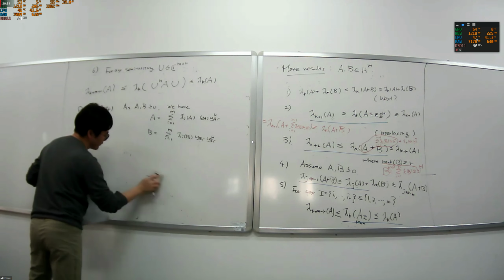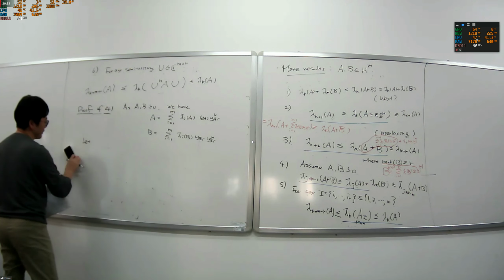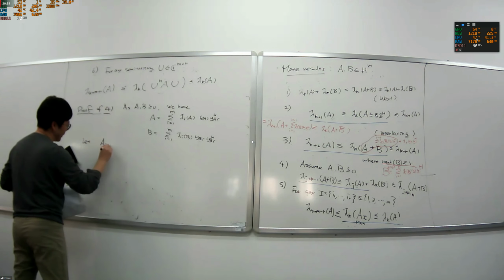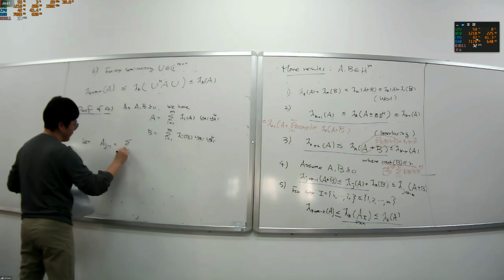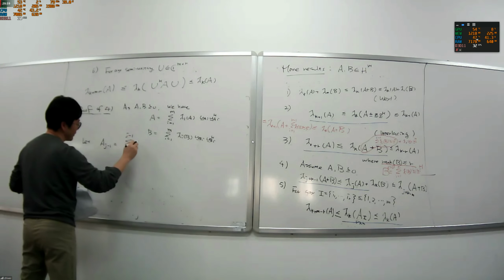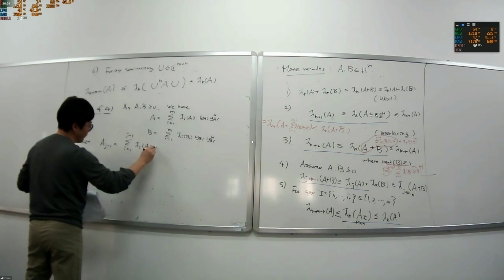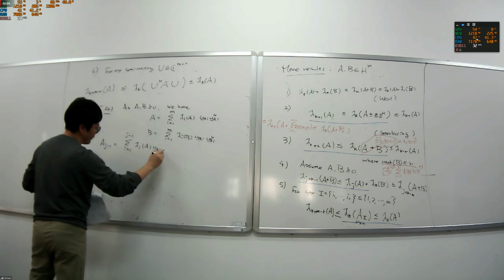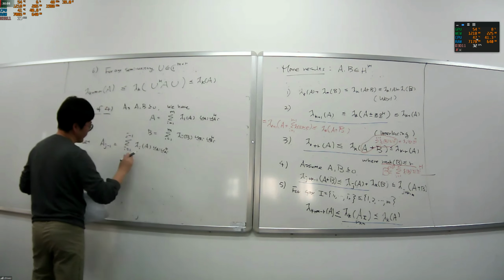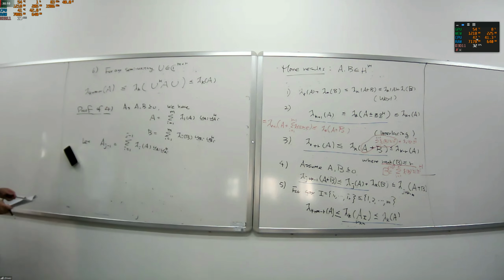Let's go straight to the definition. A j minus 1 is the first j minus 1 components.